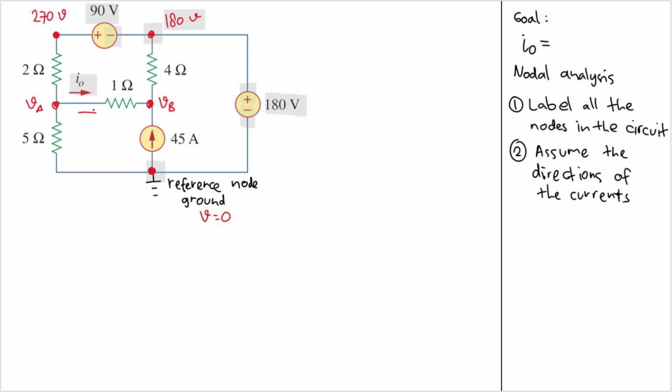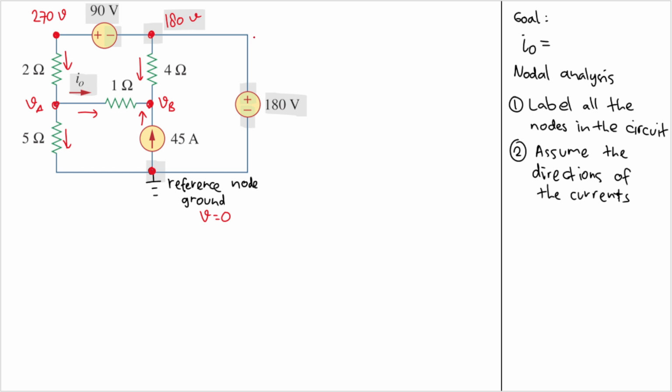Let's follow that I0 in this branch, and for the others we can just assume arbitrarily. I will assume this goes down, and this also goes down, and this maybe goes down. And for the branch with the current source, I just follow the arrow here. So this will go up in this branch. Okay, I think we have done assuming the directions of the currents.